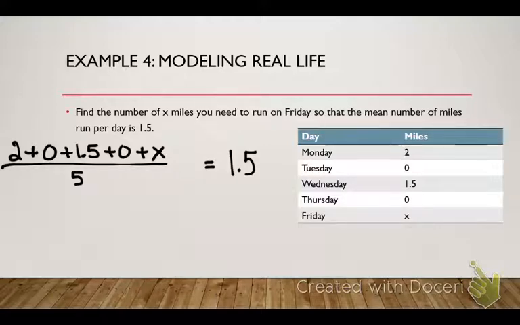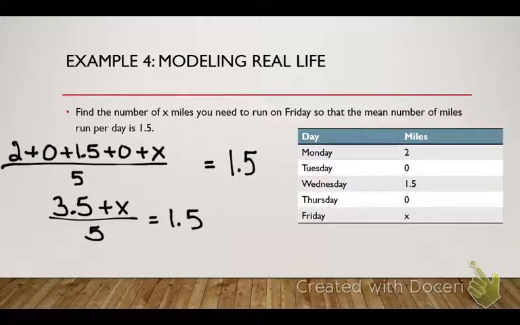We need to first see if there's anything we can combine. There's a lot of numbers up here. Is there anything we can combine up there? 2 and 1.5? Okay. All right, so that makes 3.5 plus x over 5, and that equals 1.5.